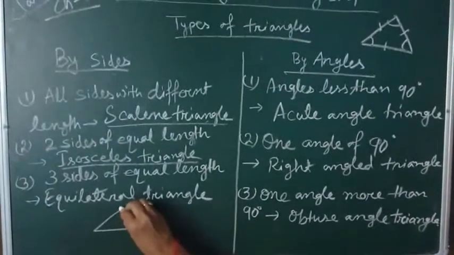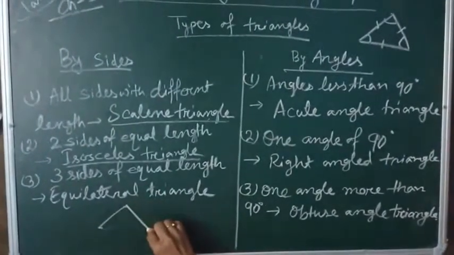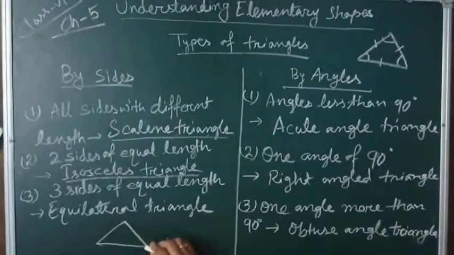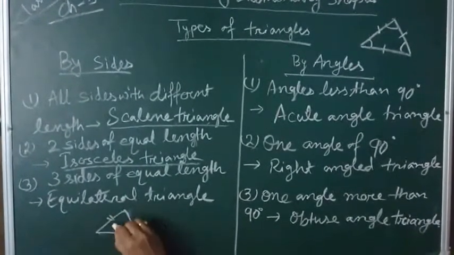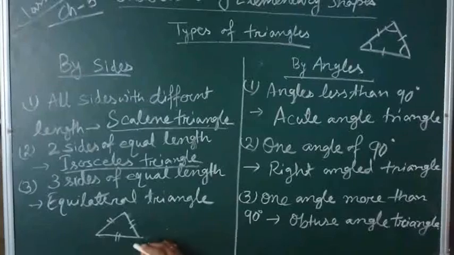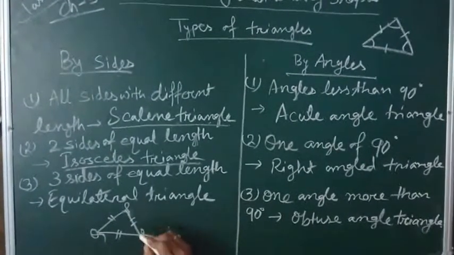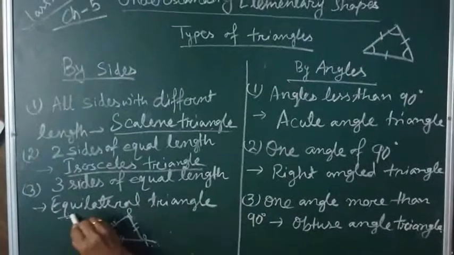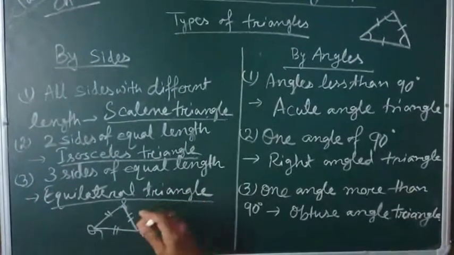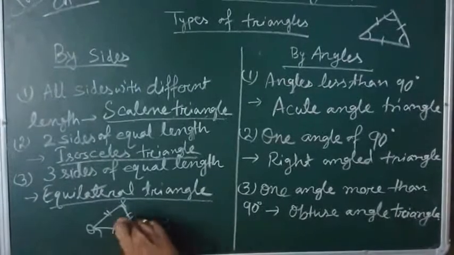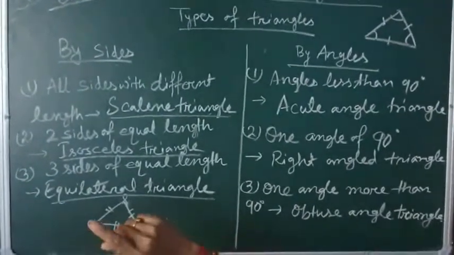These kinds of triangles are called equilateral triangles. And with that, let me tell you, when you are facing an equilateral triangle, that means where all the sides are equal, all the angles also will be equal.